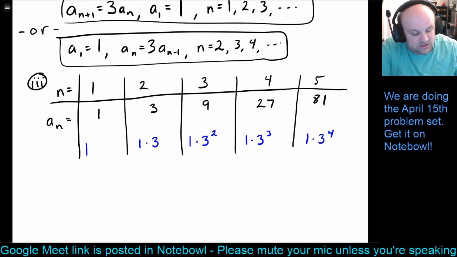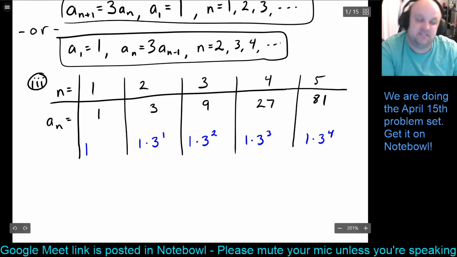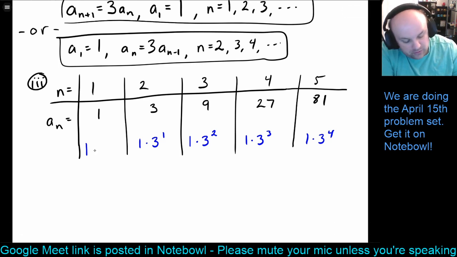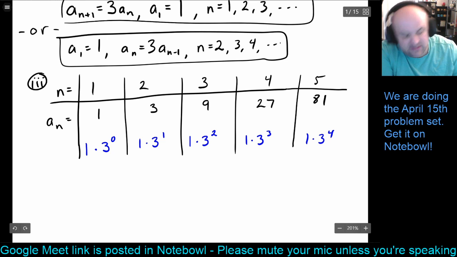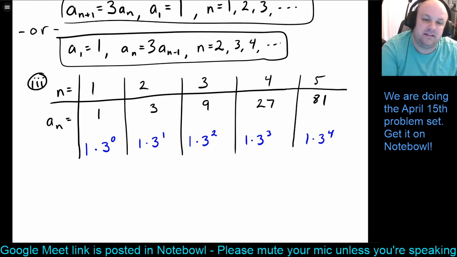Right? So here, we can look at this and try and build up a pattern. So here we see, the power on 3 keeps increasing by 1. It makes sense to say this is 3 to the 1 here. Over here, this would be a 3 to the 0. We can fill that in to kind of make the pattern look nice.